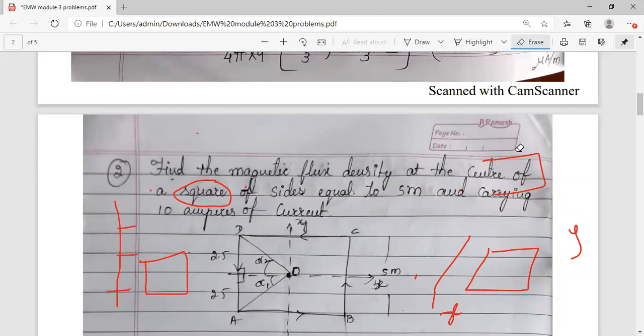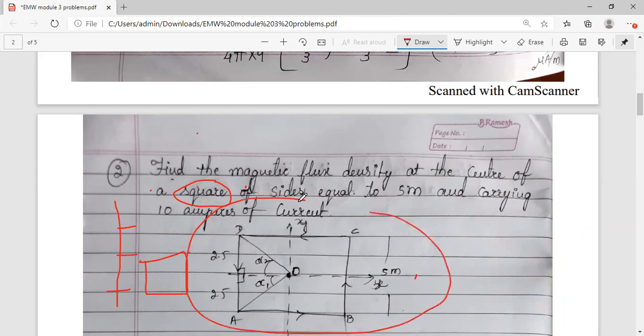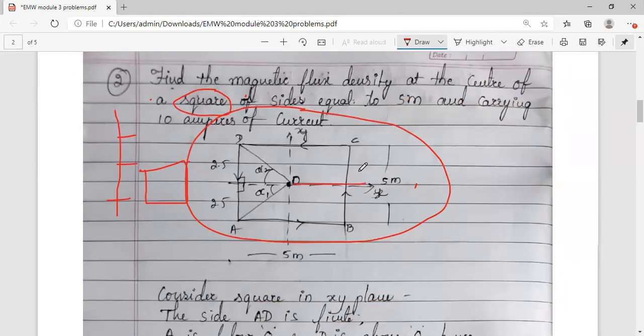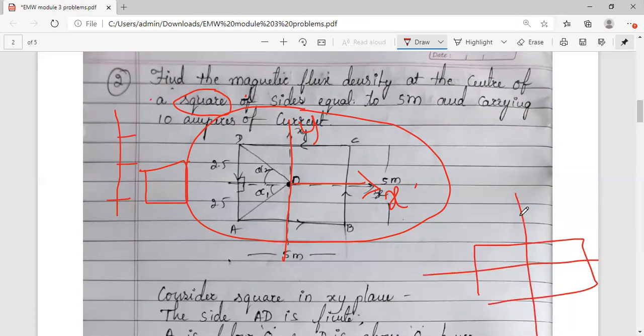So observe what I have done here. This is the x direction, y direction. That's it. This is viewed from the top. Assume that you are looking from the top, and the loop is on the floor like this. So you are watching this from the top. Even the direction of current is not given, just the magnitude.